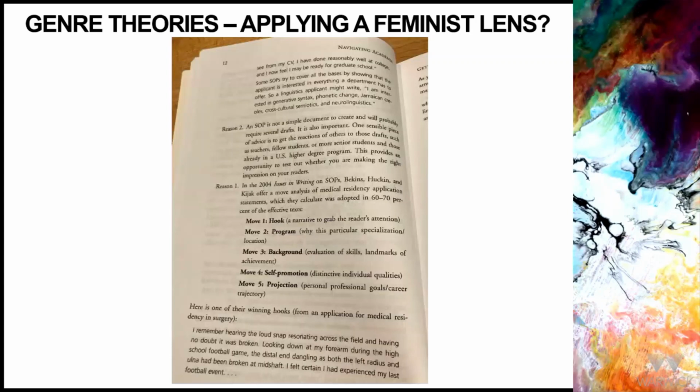The program, so why this particular specialization or location, why you want to study this subject. The background, an evaluation of your own skills and landmarks of achievement. Self-promotion, so distinctive individual qualities. And then projection: what are you going to do, what's your career ambition? That's what we teach our students.